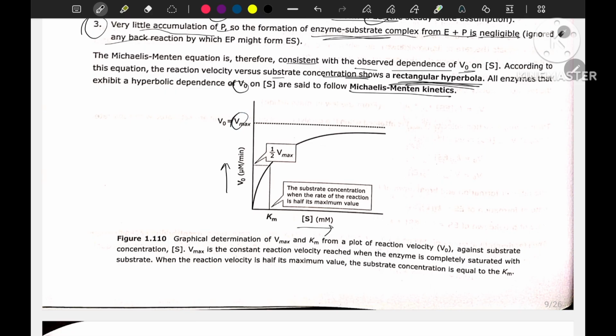We found a V max. The substrate is going like this. Half of Vmax is here. So wherever it connects the curve and gives us the concentration here, that is considered to be Km. The substrate concentration when the rate of reaction is half its maximum value is Km.